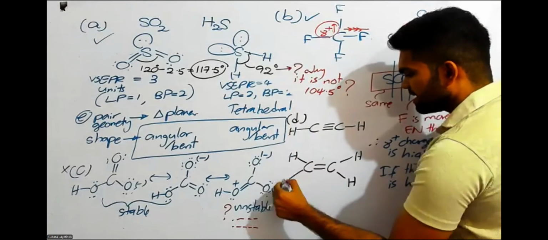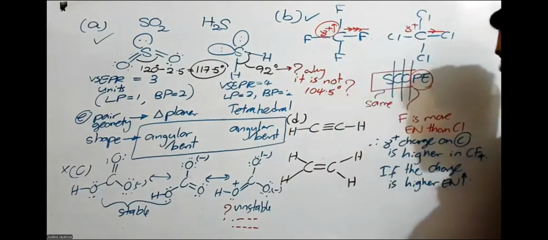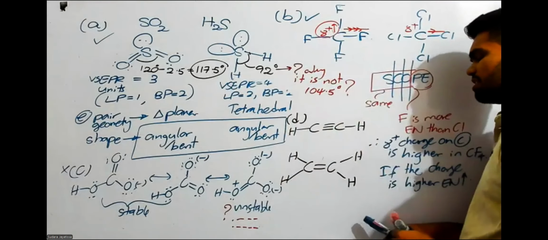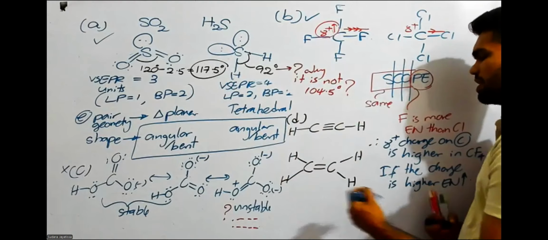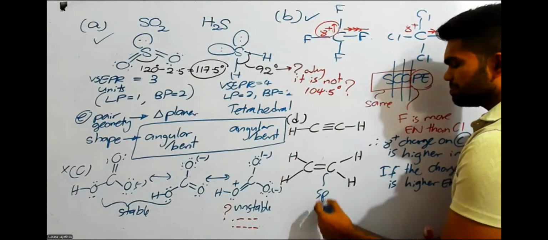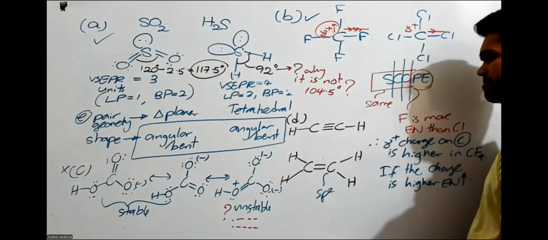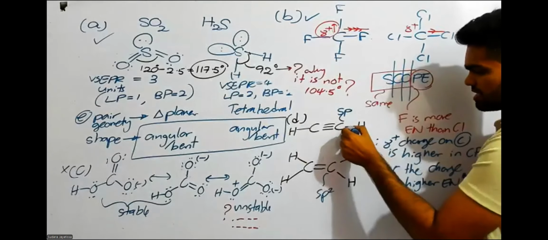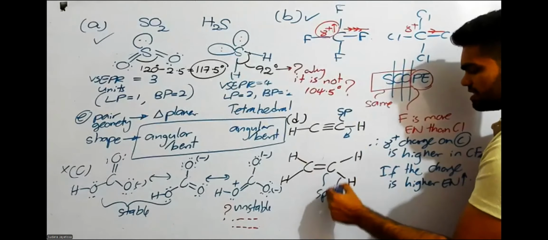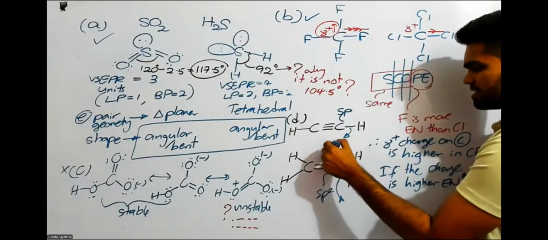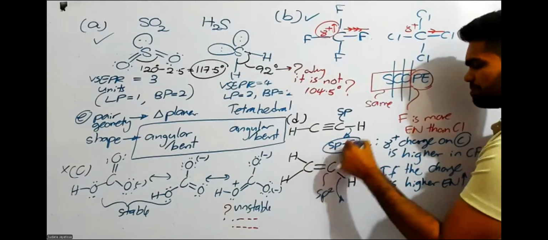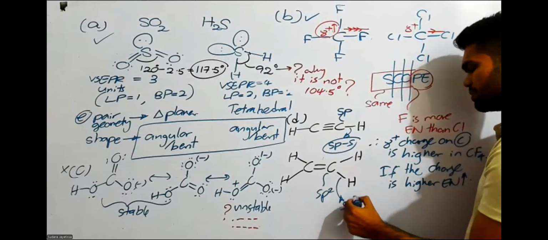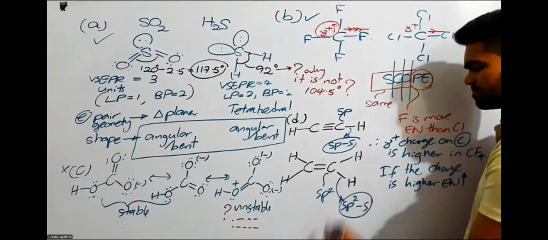These are ethyne and ethene. You may have come across these in O levels. But my point is, here you have sp2 hybridization. Here you have sp hybridization. So these carbon hydrogen bonds are both single bonds, but this is sp and s overlap. This is sp2 and s overlap.